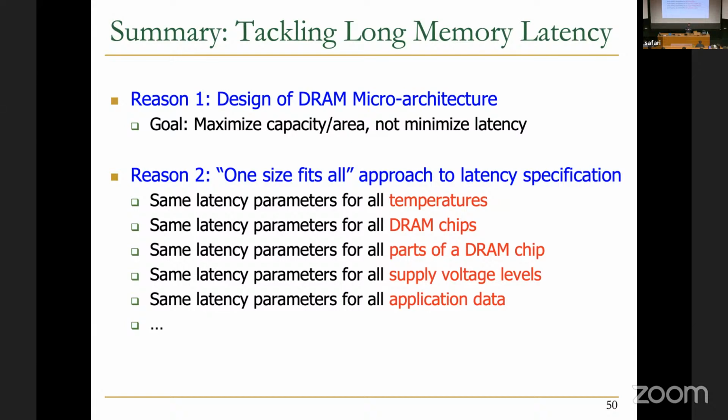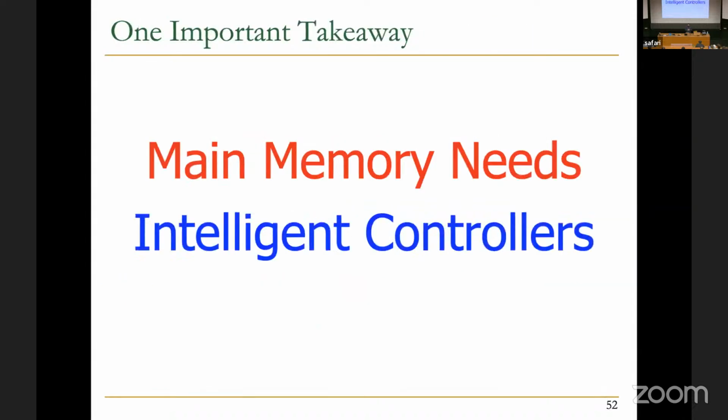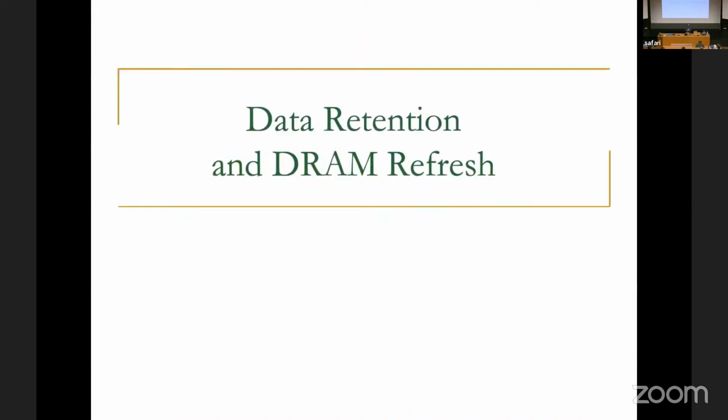But you can actually see a strong heterogeneity across these. So it makes sense to actually leverage this heterogeneity. So we want fundamental low latency computer architectures. And our important takeaway from these works is that main memory needs intelligent controllers for achieving better performance, lower latency, and better energy efficiency.